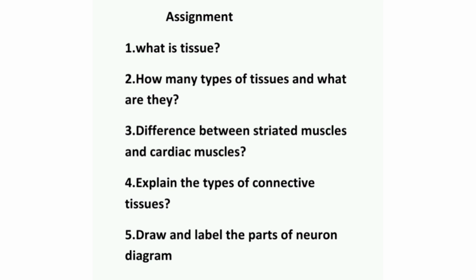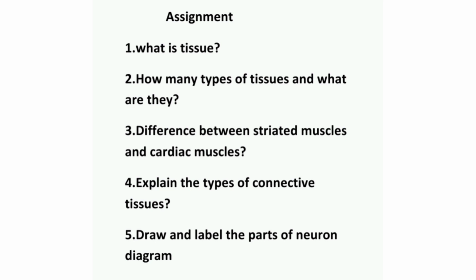Third one, differences between striated muscles and cardiac muscles. Fourth one, explain the types of connective tissues. Fifth one, draw and label the parts of a neuron diagram.